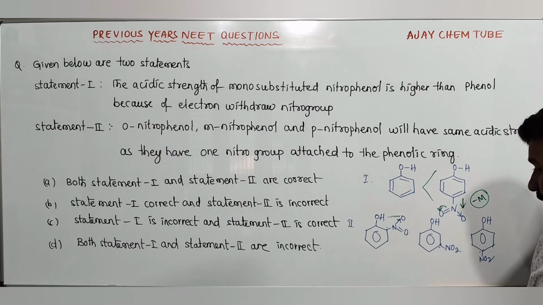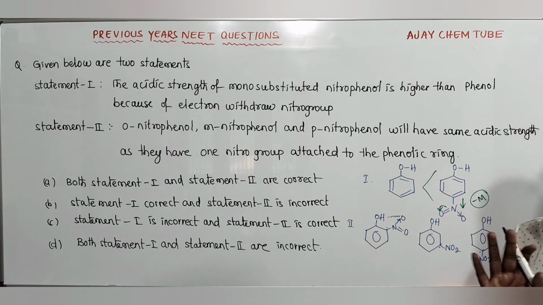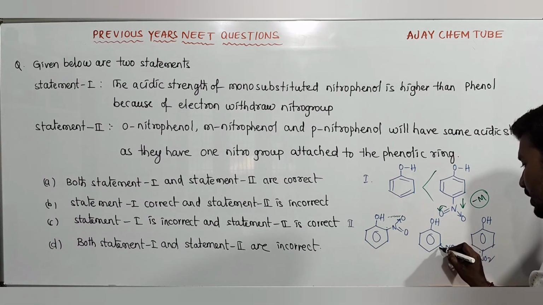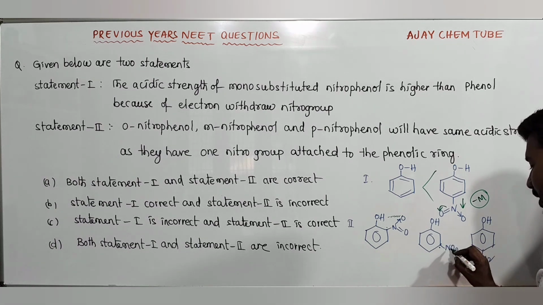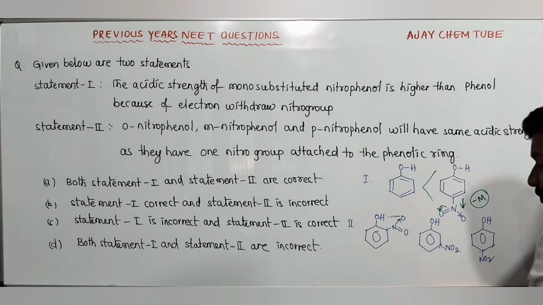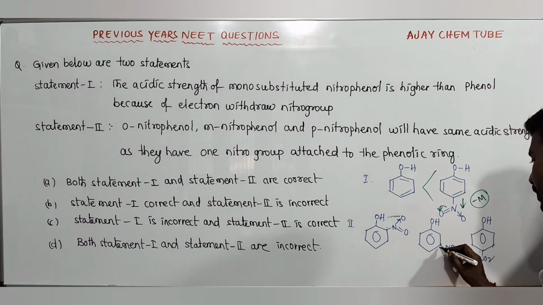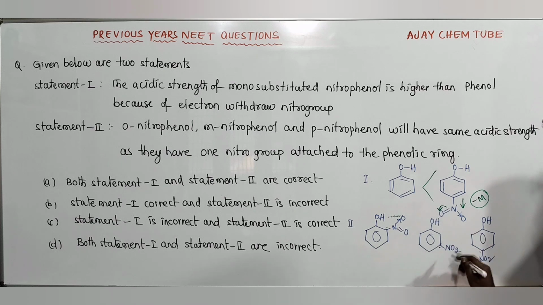Here, 2 points. First of all, these three are not equally acidic because the electron withdrawing effect of the nitro group at the 3 positions is not the same. At the meta position the minus M effect is negligible, very low. Point number 1: that's why this is the least acidic among these three.